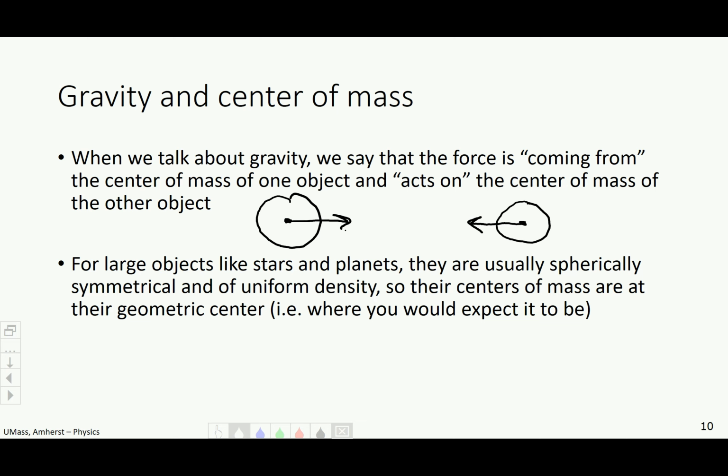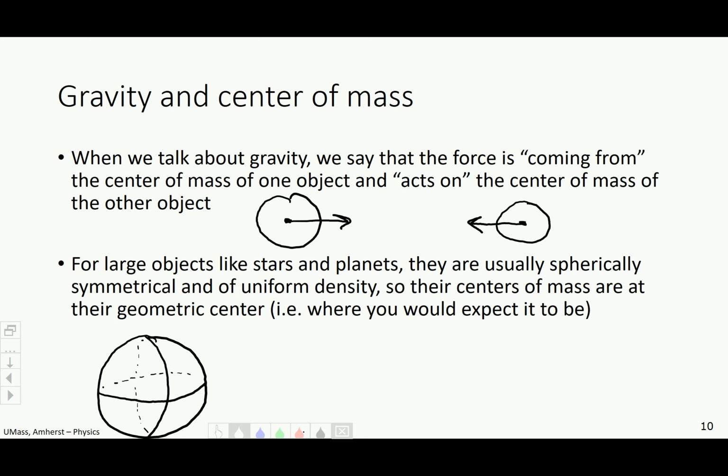For large objects like stars and planets, they are usually spherically symmetrical. That means that they are perfect spheres that are circular on all axes. So there's a circle here, and there's a circle around the median, and a circle around the circumference. They are of uniform density as well, generally.